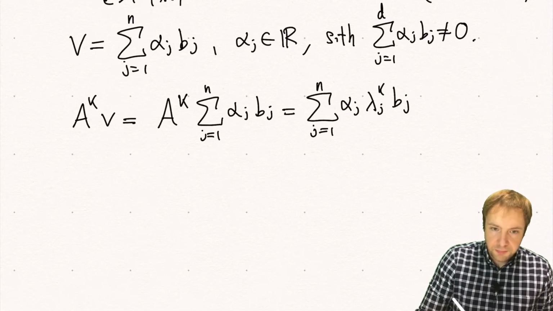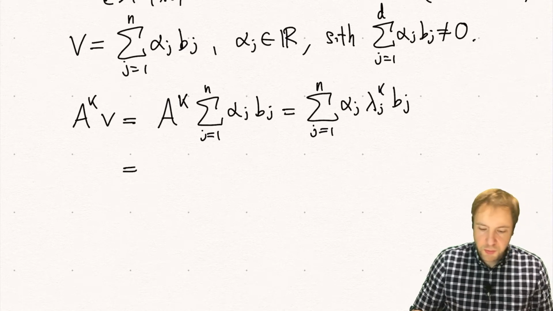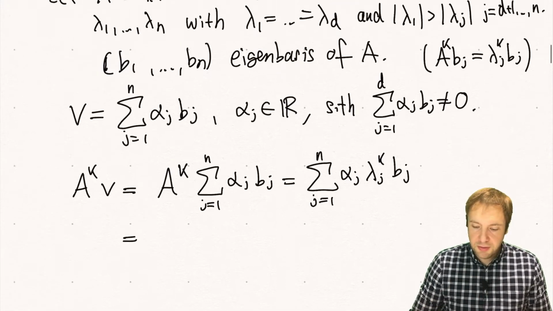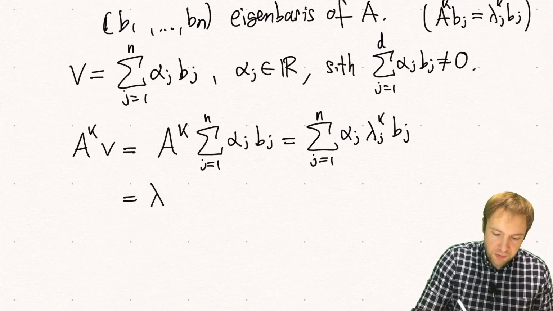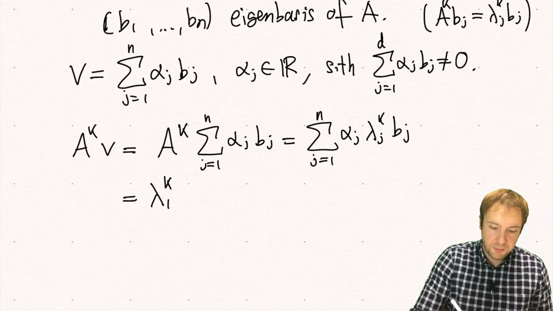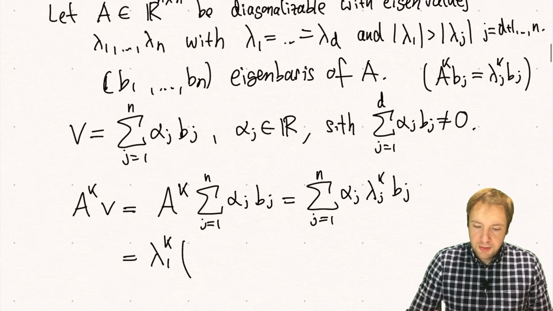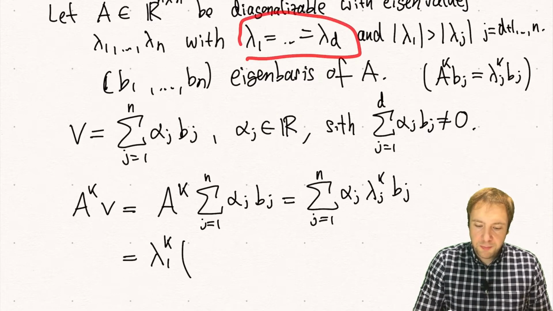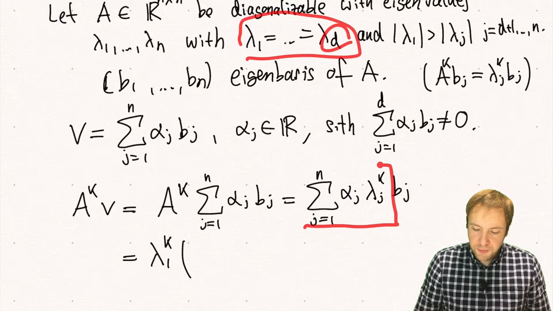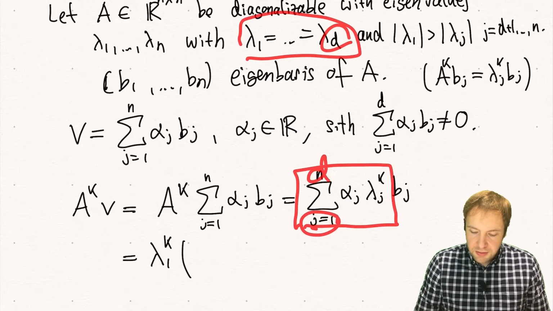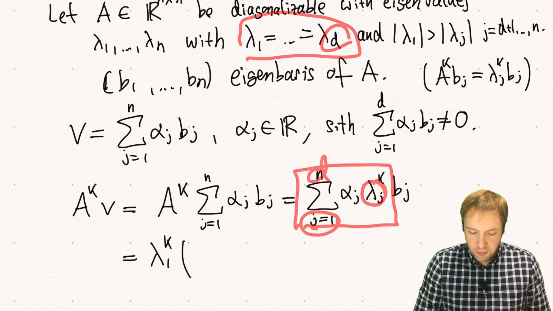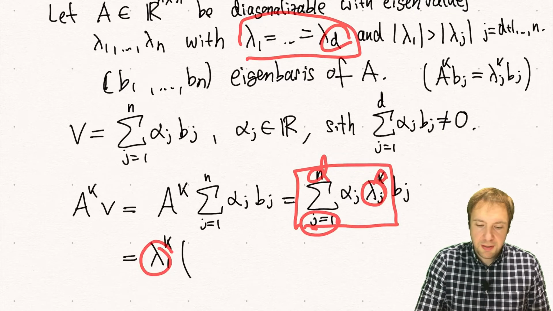Okay, now what we want to do is we factor out lambda_1, so we want to rewrite in front lambda_1 to the power k. And here lambda_1 up to lambda_d is the same. So for the first d parts, when j runs from 1 to d, I always have this lambda_1 to the power k.